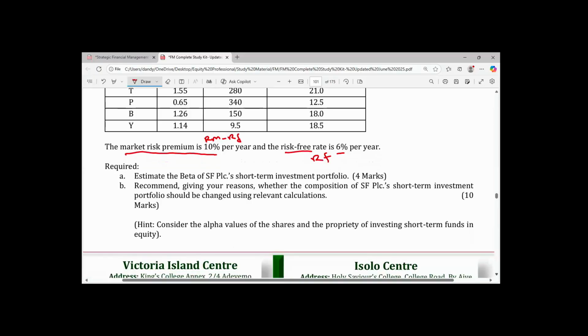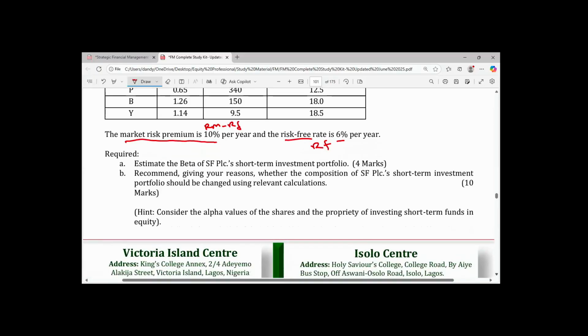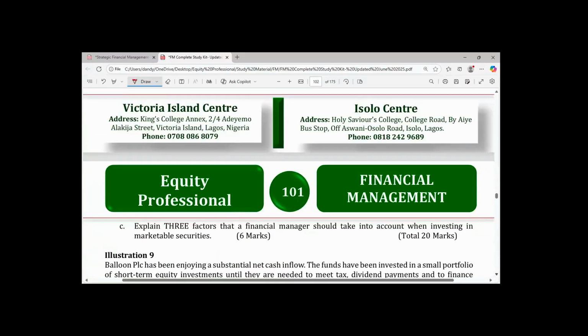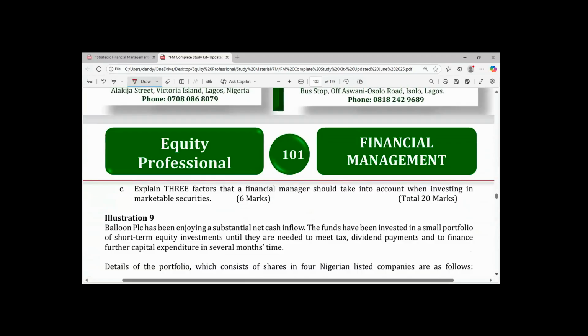Hint, consider the alpha values of the shares and the propriety of investing short-term funds in equity. C, explain 3 factors that a financial manager should take into account when investing in marketable securities. All right, thank you, Ada.